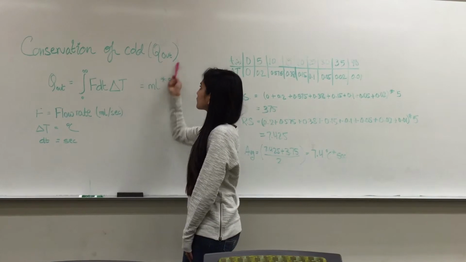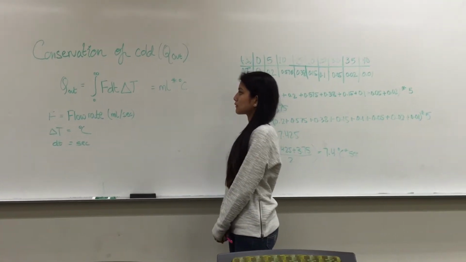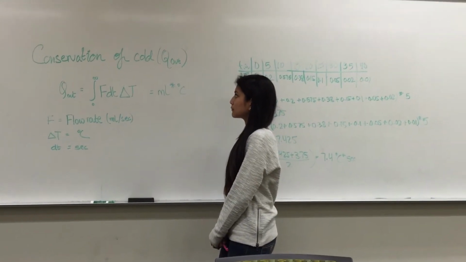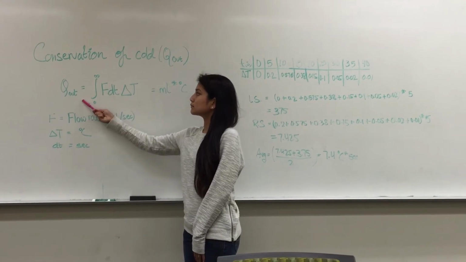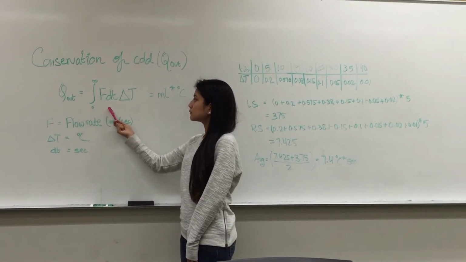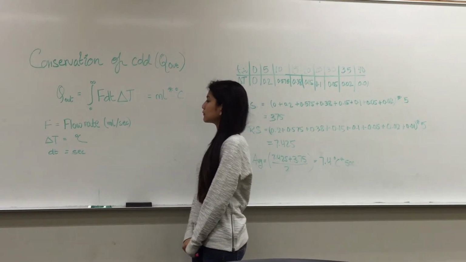Conservation of cold, Qout: cold is neither created nor destroyed, meaning there is no loss of cold and there is no recirculation in this matter. Qout can be measured by multiplying the flow F, dt, and the temperature variation delta T during the interval.